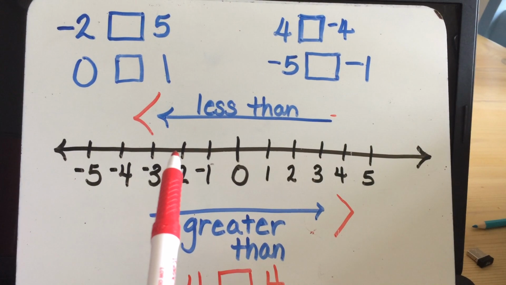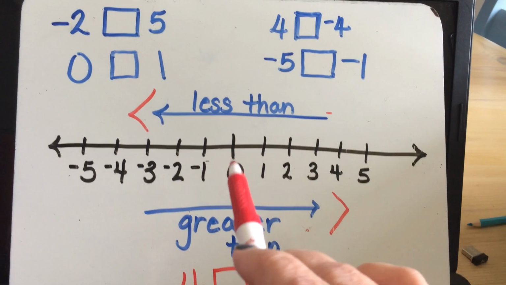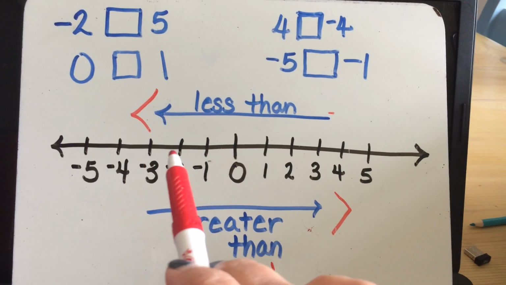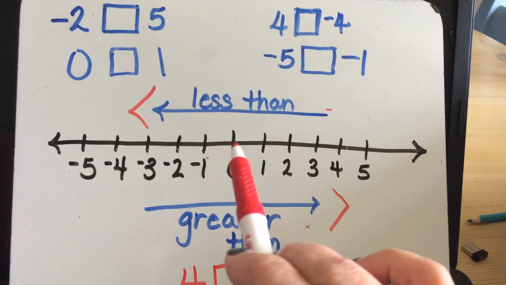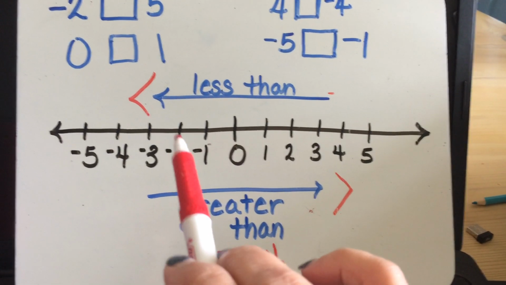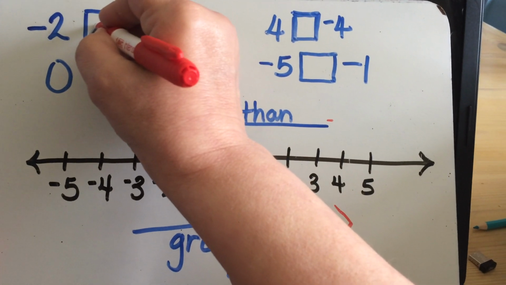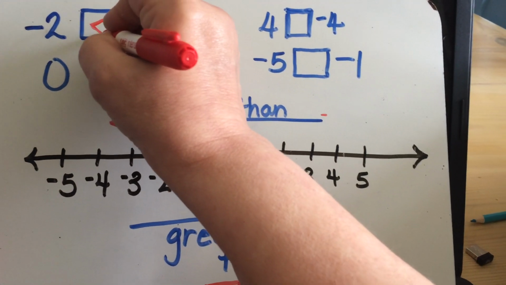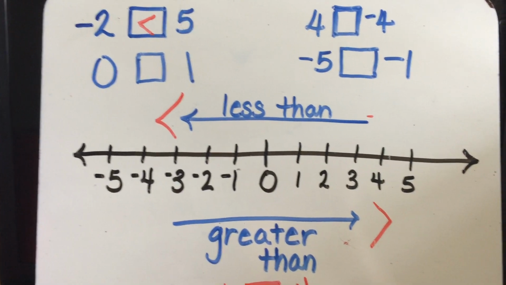So it's less than. Also, you could look at it and say, we've got 0 in the middle, less than, they're getting smaller going that way, they're getting greater going that way. So -2 is a smaller number than 5. So you will put your less than symbol, which is coincidentally pointing to the smaller number.